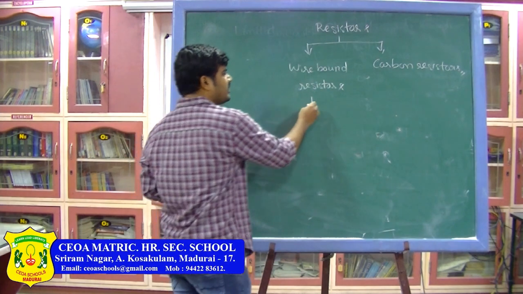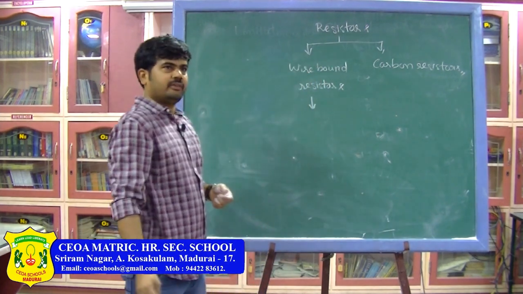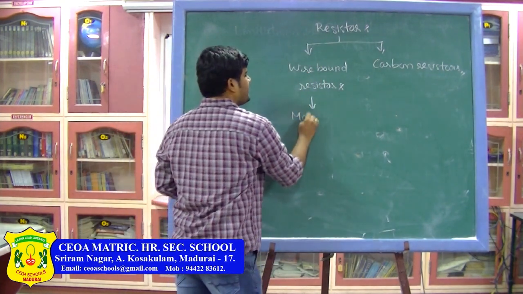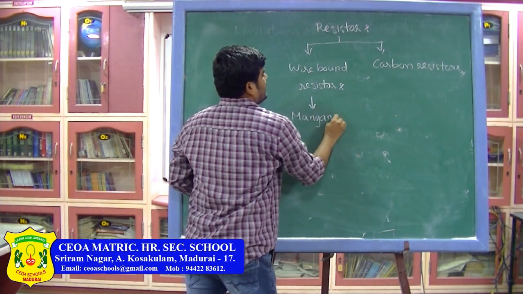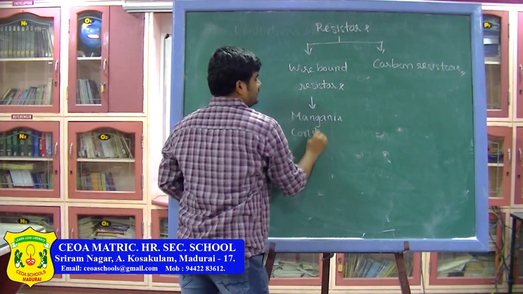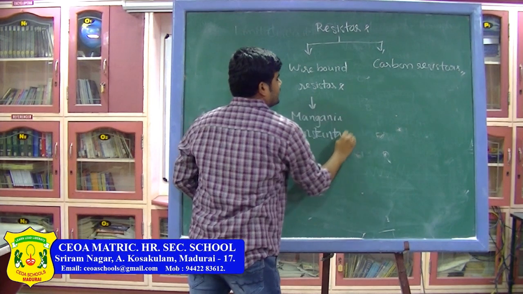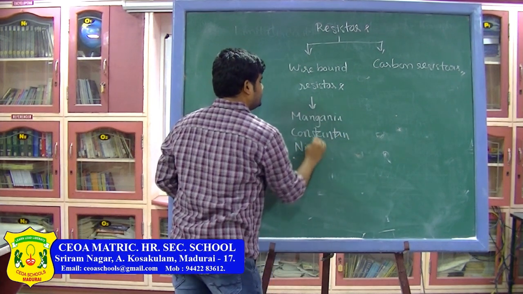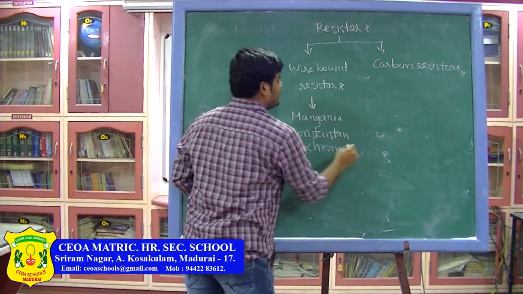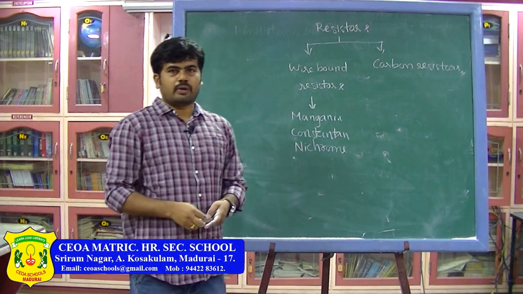The materials generally chosen for these wire bound resistors are manganese, constantan and nichrome.